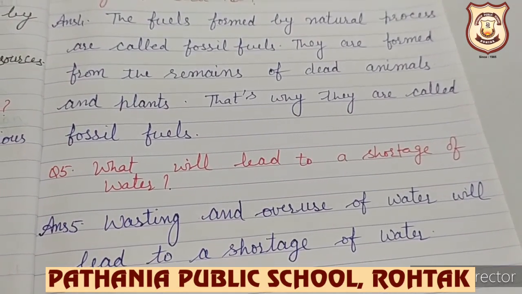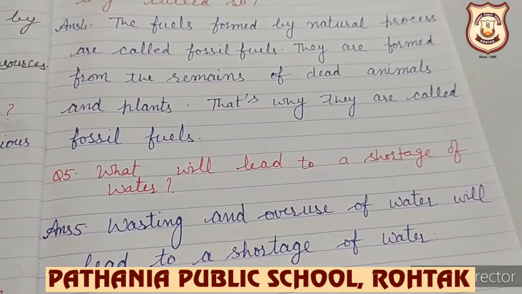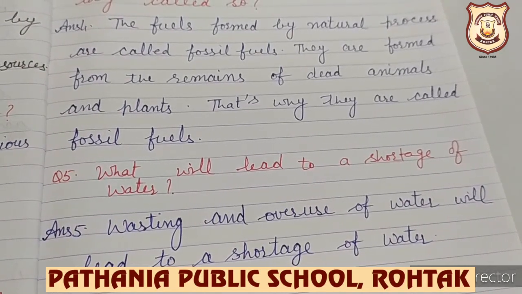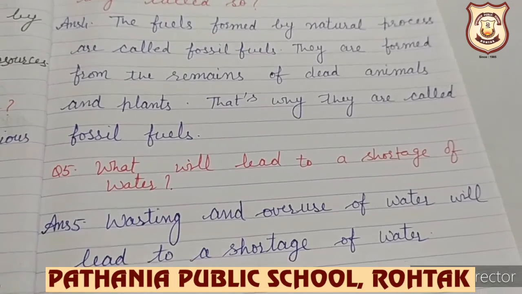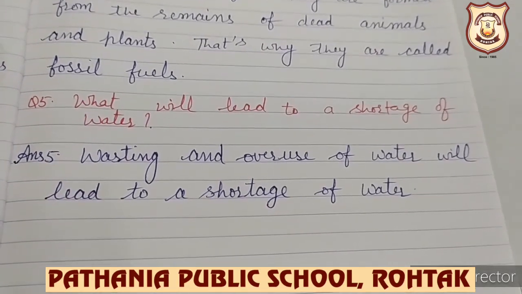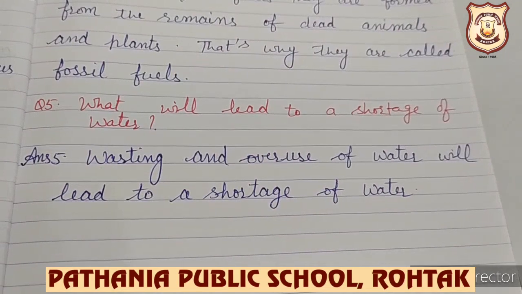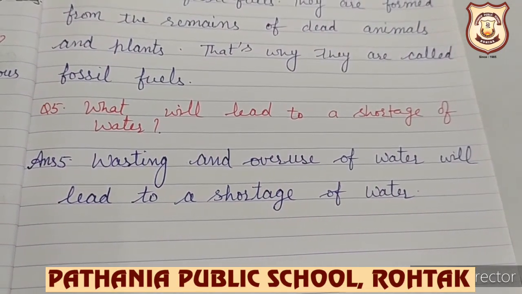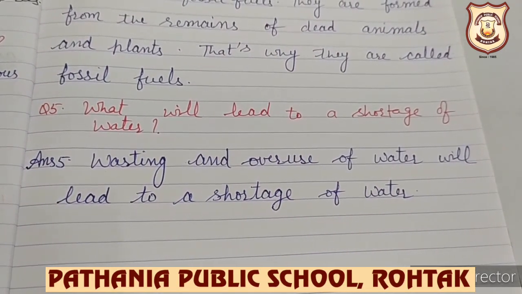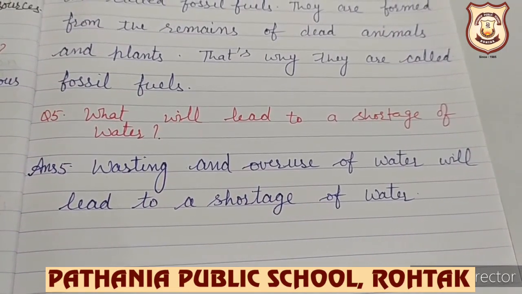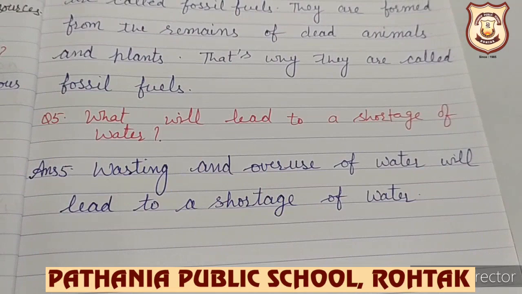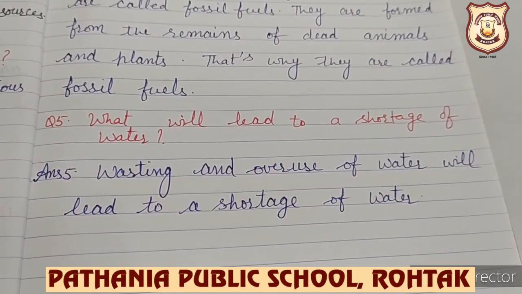Instead of using pipe for washing a car, we can use bucket, isn't it? So we can save water. And it will not lead to a shortage of water. Means we have to stop wasting, isn't it? And this is the main reason. So we have to stop wasting, children. You have to take care.